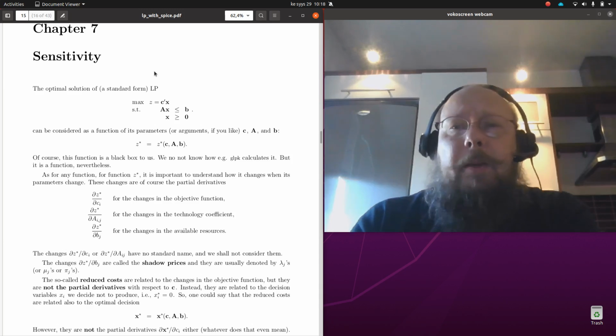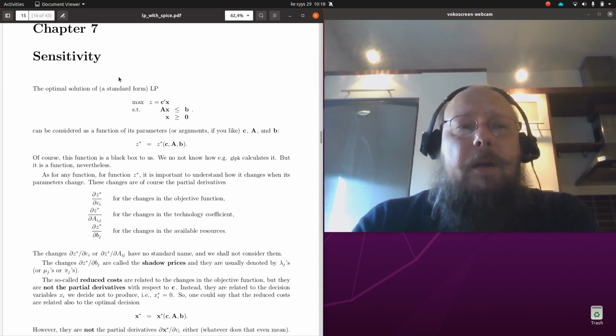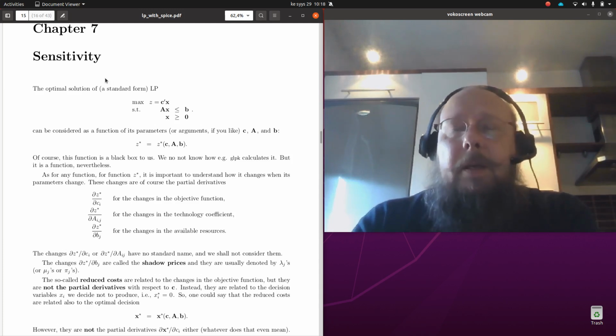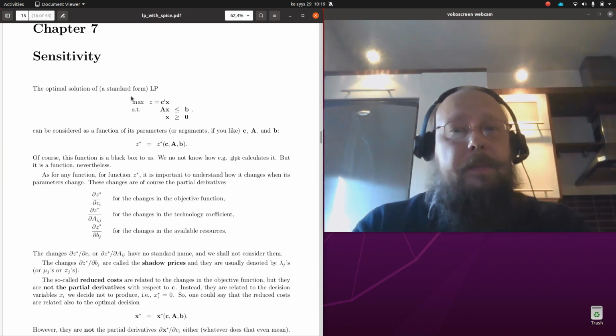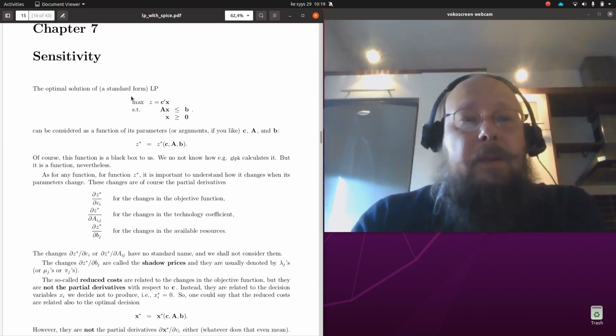What are we dealing with in this course? We are dealing with LPs, linear optimization problems. We will learn this very soon. Any LP can be written in a so-called standard form, or to be completely honest, what I call a standard form. Some other people call some other forms standard forms.